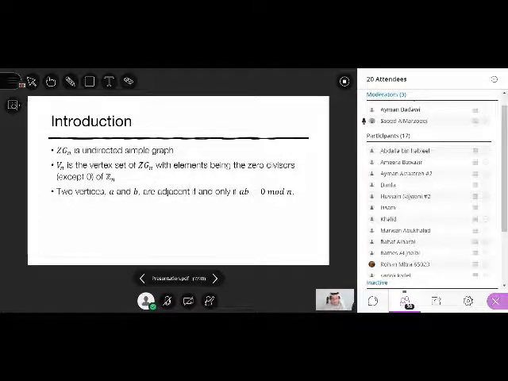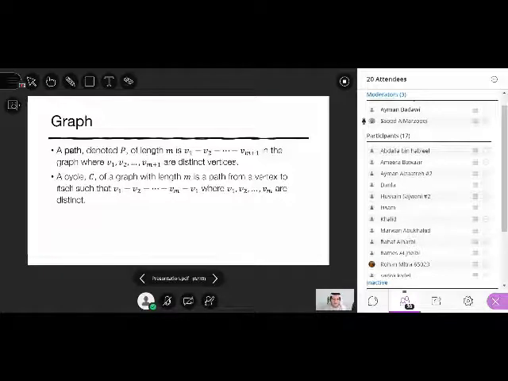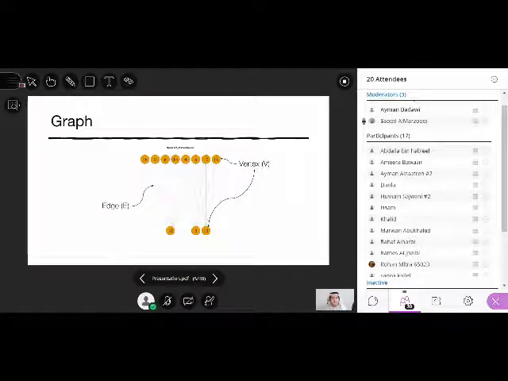Now we can get to what my research, my paper, is about. So, introduction. Let ZGN be an undirected simple graph. What we mean by undirected, and I'll have to refer to this a lot, is that you see these edges, they don't have a direction, so to speak. They're not like an arrow showing up or down. They're undirected.